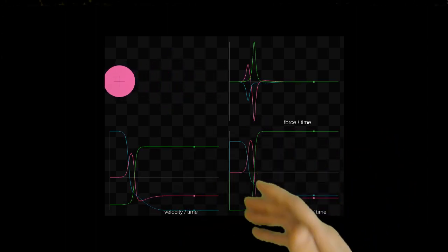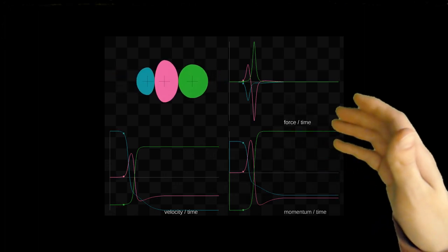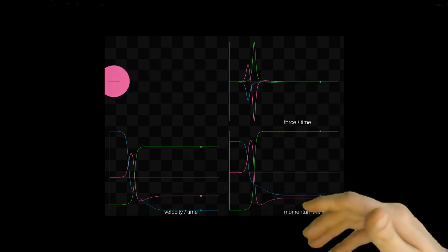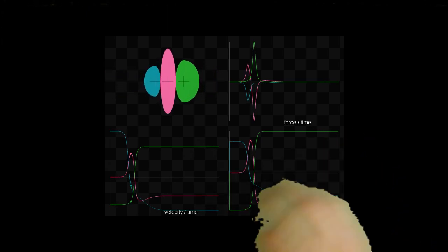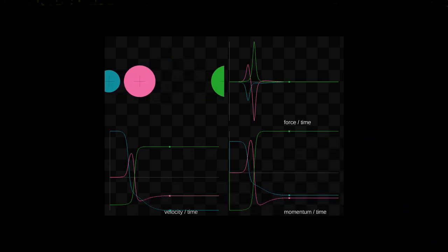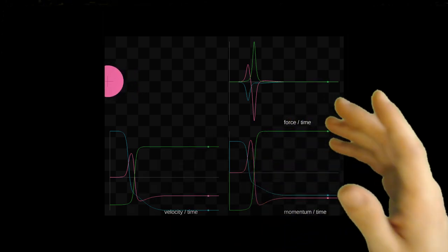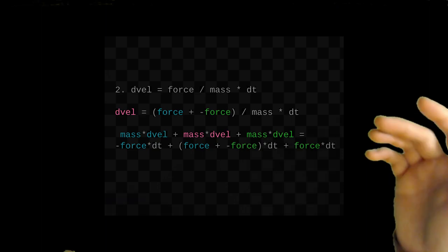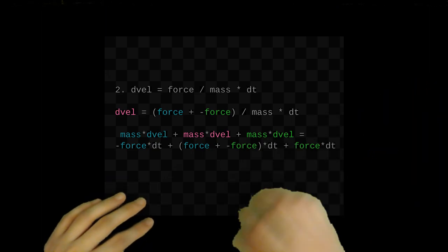These sums of the momentums at one time step should be the sums of the momentums at some other time step. But we haven't actually worked it out for the case with 3 objects. So why exactly is this the case? Well, again, it all comes down to our simulation's rules.